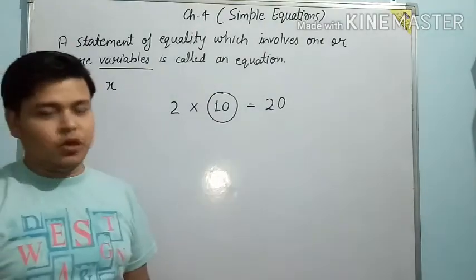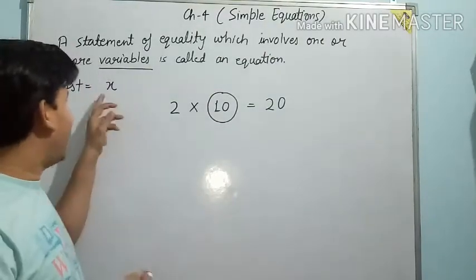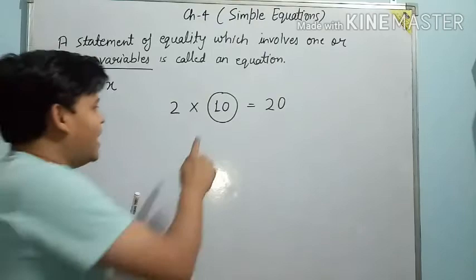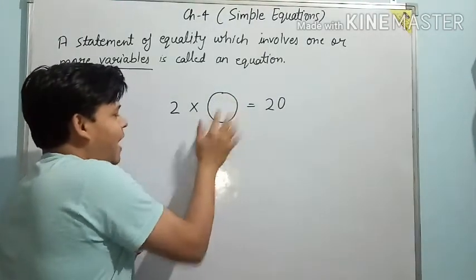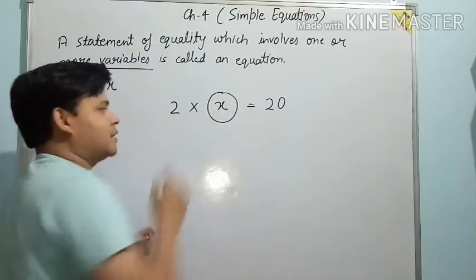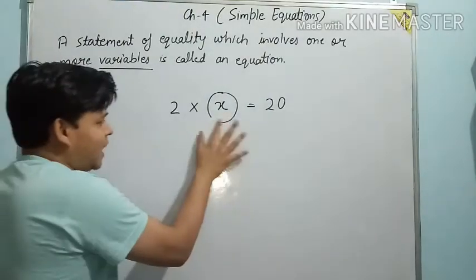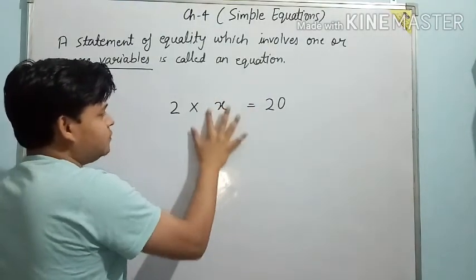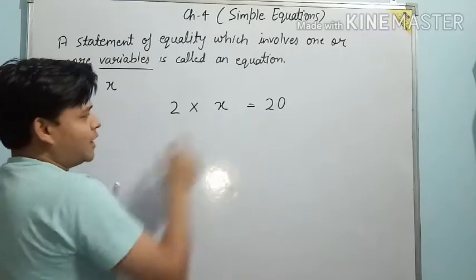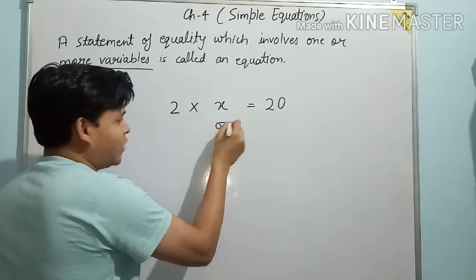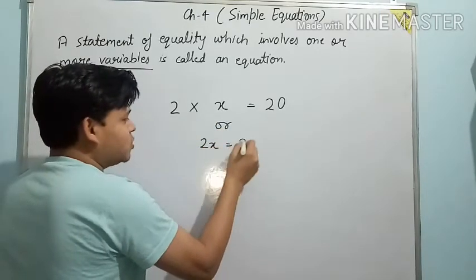I've taken x क्योंकि मुझे cost नहीं पता है. So in place of this 10 I will write x. So this has become an equation: 2 into x is equal to 20, or we can also write this as 2x is equal to 20.